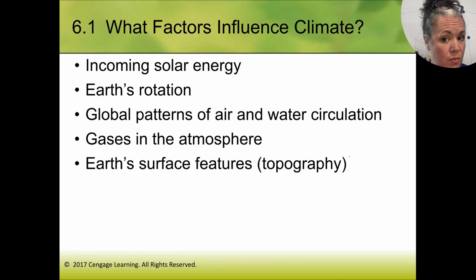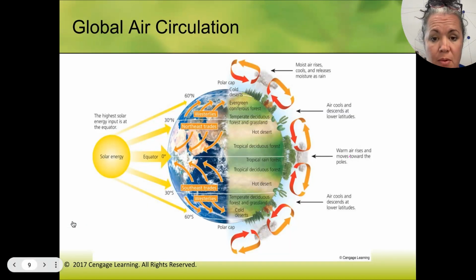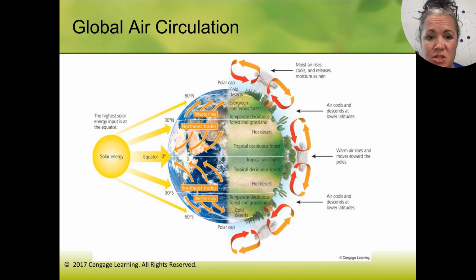So when I look at that diagram, let me see if I can grab that diagram. Are you able to describe why this creates particular regions of vegetation versus arid deserts, and why it works that way?